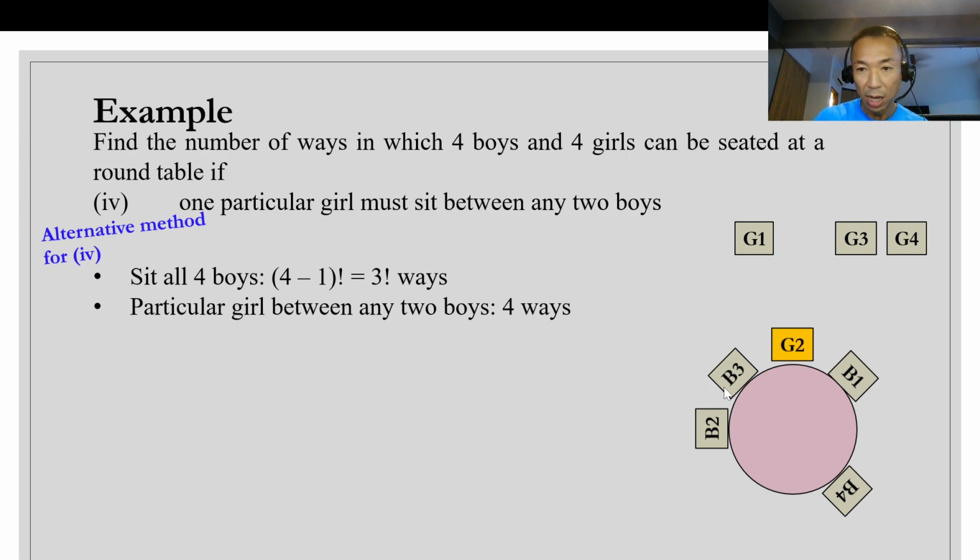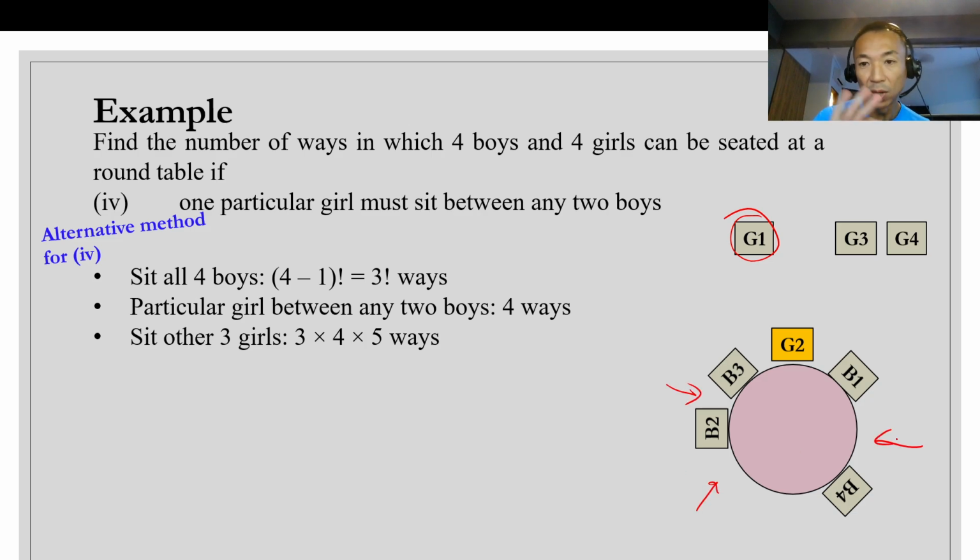Once I slot her in, the other girls cannot go in between these two boys. This girl, for example, can only be seated here, here, or here. There are only 3 ways, not 5 ways. So that gets the 3. But once the first one is in, then the other girl can go between the 4 positions.